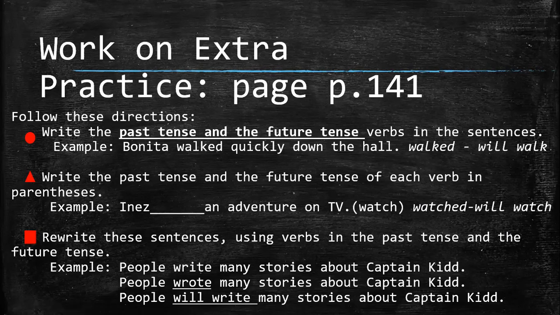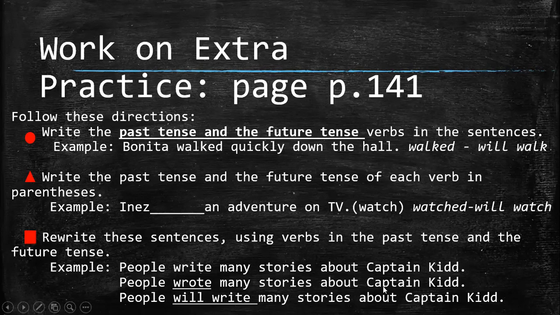In the square part is where you guys are going to have to write a bit more, because you are going to rewrite the sentence in the square section, using verbs in the past tense and the future tense. So for example, people write many stories about Captain Kidd. You identify the verb write, and then you know that you have to change it to the past.